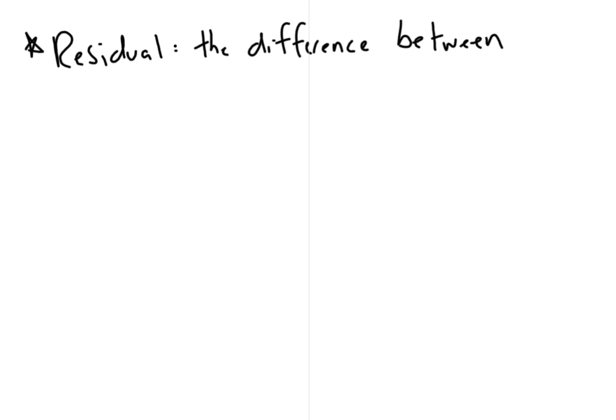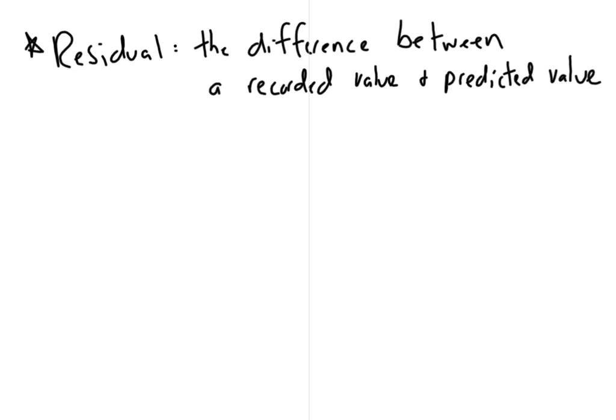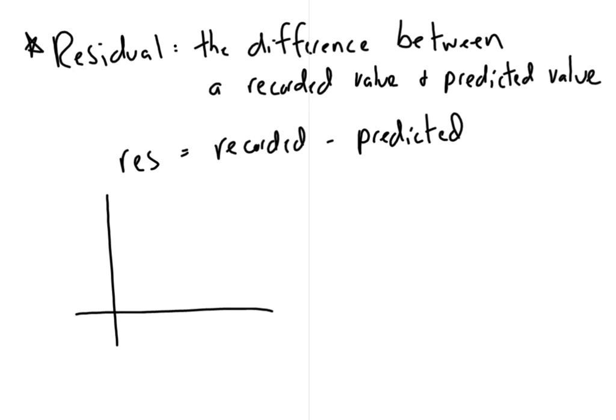Alright, so let's talk about those residual things. Well, a residual is the difference between a recorded value, that's one of those data points, and a predicted value, which means a point on the line of best fit. So the formula, if you want it, is residual equals recorded minus predicted, or data point minus line of best fit point.